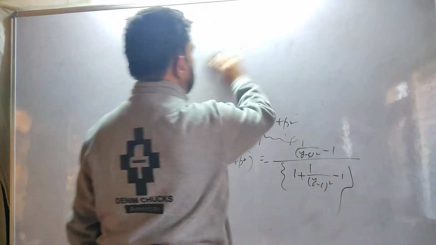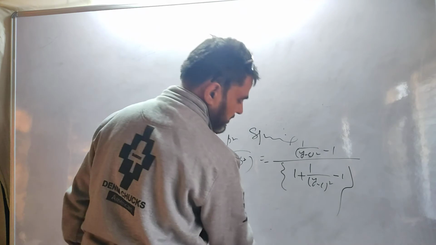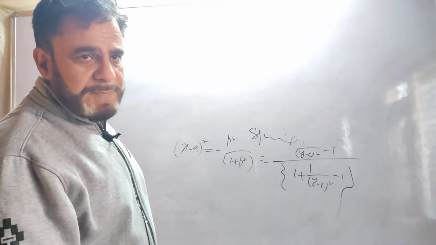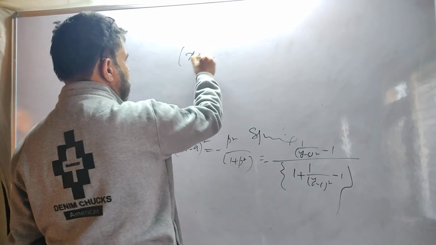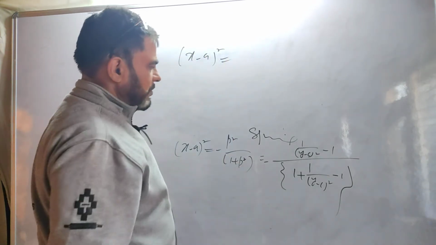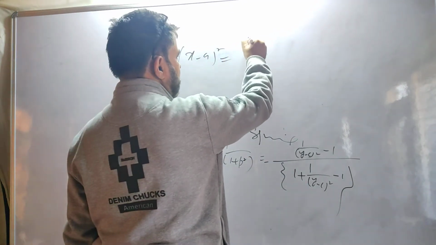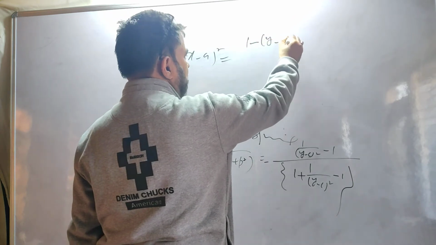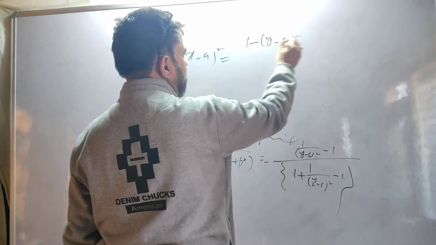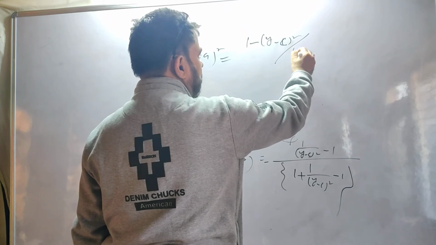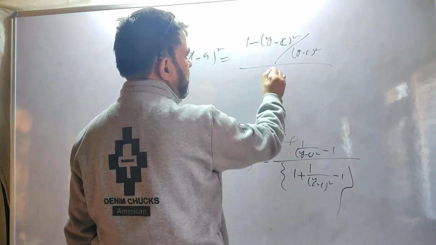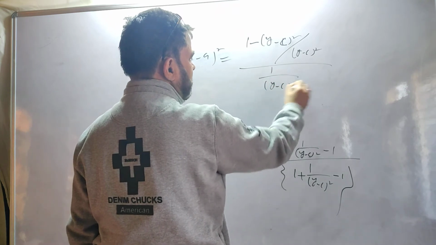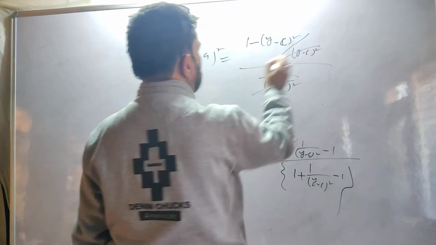I will simplify it because it was very easy here to eliminate p. That is why I took it in this way. This is your x minus a square is equal to, on simplification, 1 minus y minus c square. Now this is cancelled.